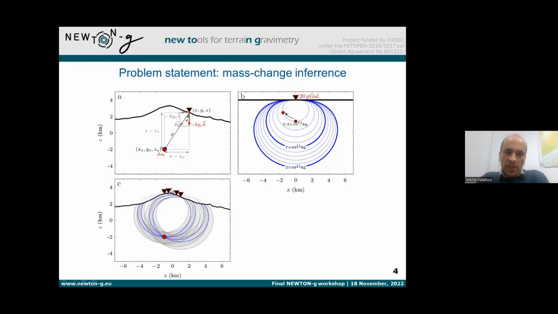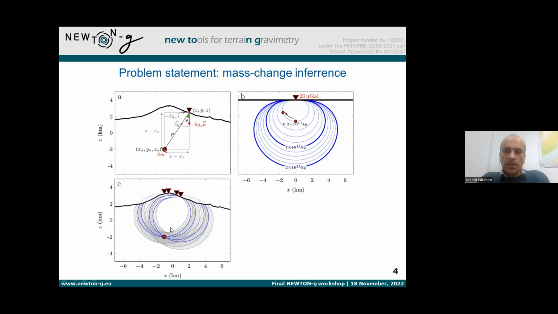For each gravimeter, we basically consider the equimass contour lines and find the set of lines that exactly intersect at the same point. This way, the point mass is completely constrained.